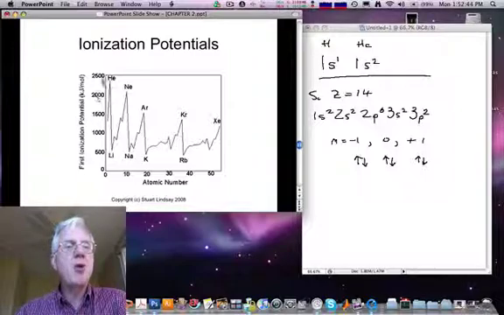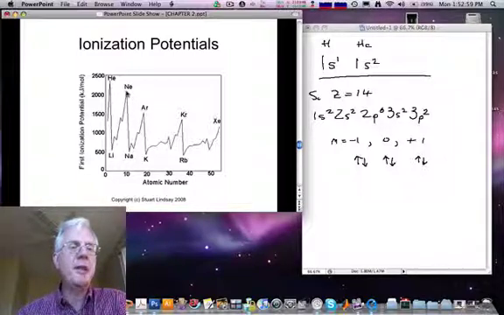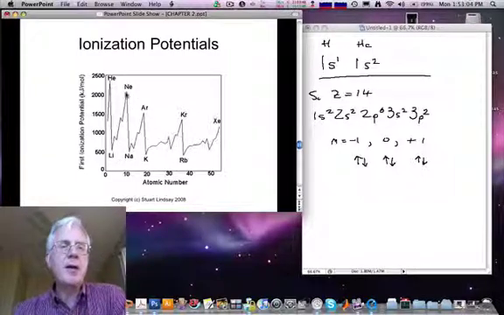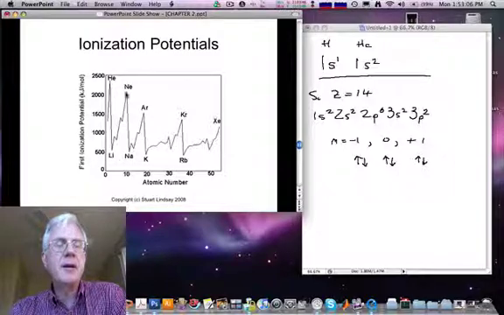But these are enormous energies. So you see that lithium is relatively easily ionized at 500 kilojoules per mole. Neon at 2000 kilojoules per mole is extremely hard to ionize. All of this additional stabilization energy coming from completing a shell.